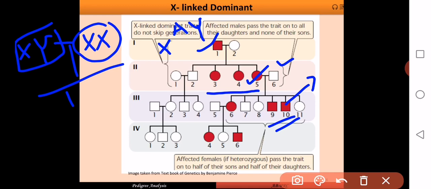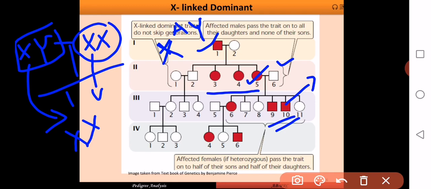For a daughter to be developed, there should be two X chromosomes, right? One X chromosome will be contributed by the mother, and the second X chromosome must be contributed by the father. Here in this situation, the father has an affected X chromosome.